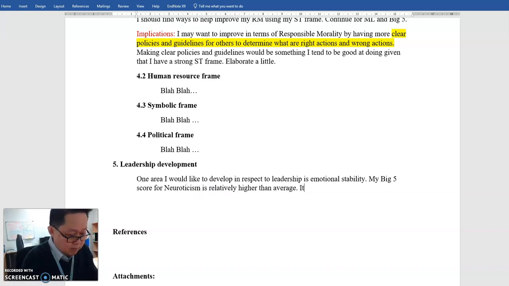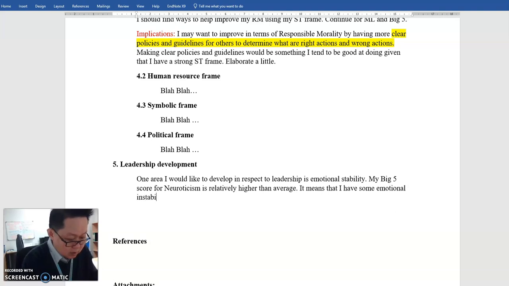It means that I have some emotional instability issue, which is inherent to my personality.